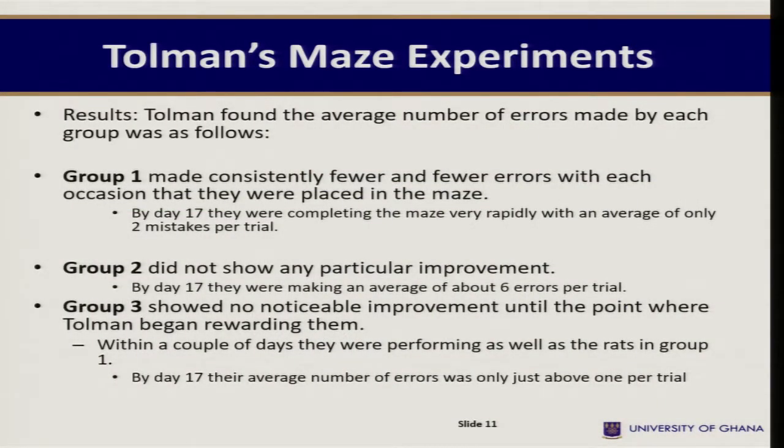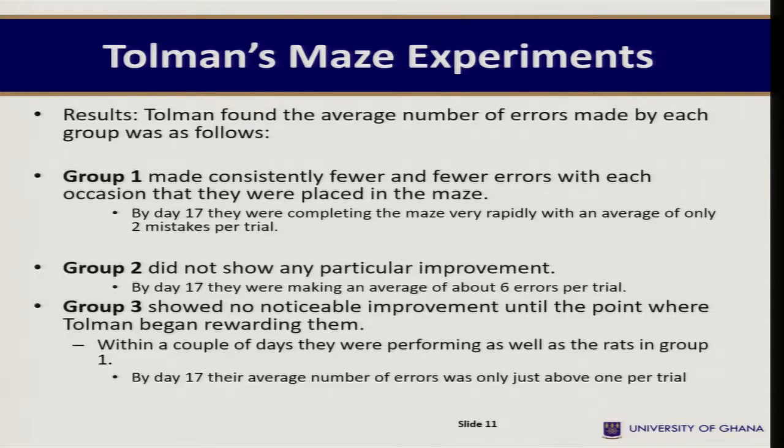With group 2, they did not show any particular improvement. By day 17, they were making an average of about 6 errors per trial compared to group 1. The third group showed no noticeable improvement initially, until the point where Tolman began rewarding them.